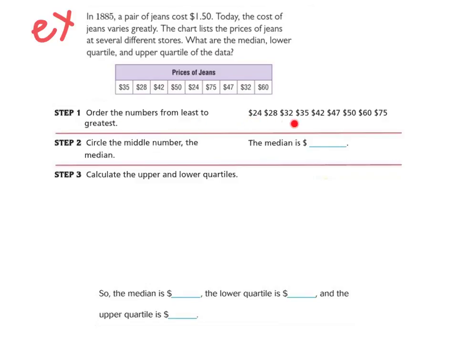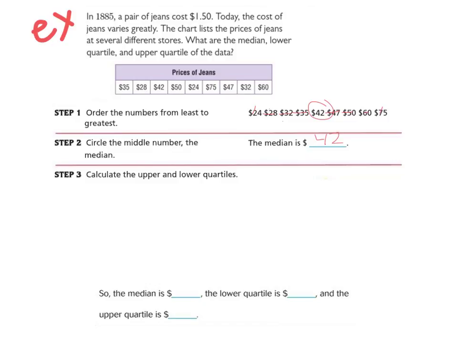Oh my goodness, look, they did it for me. And then you're going to circle the number, which is the median, the middle number. So I'm going to cross one off here, one off here, one off here, one off here. Okay, I'm just trying to find the middle number. And there it is. The median is $42.